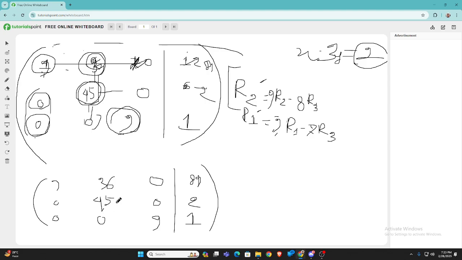Now for this 45 we have to change these also. We now notice one thing, we don't have to do any kind of elements change for this one because it's already 0 for this row. So we have to think about this, only this. Alright, so for 45 we will have another change.